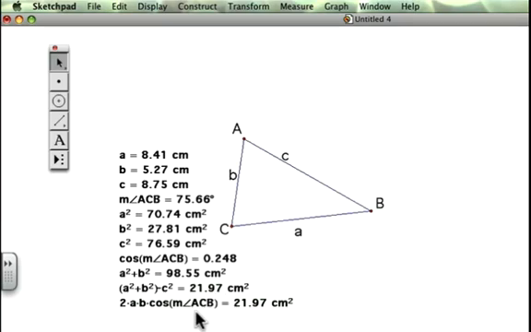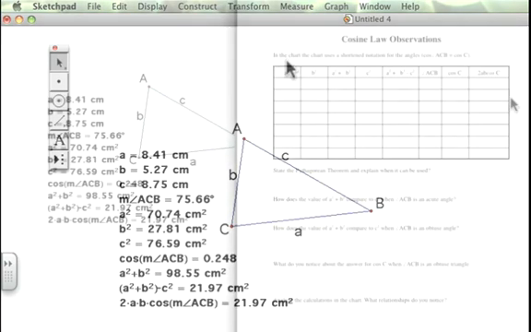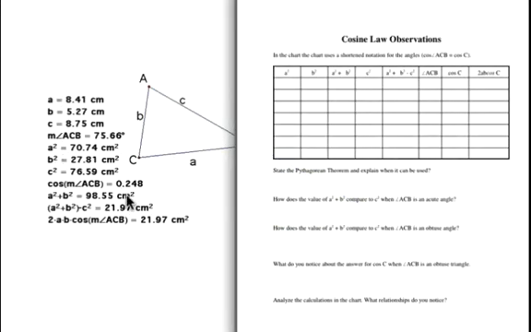All right. And so what you're going to do next is record in your observation chart. So in your chart, you're going to put A squared, B squared, A squared plus B squared, C squared, A squared plus B squared minus C squared, and you're going to get these from your diagram.